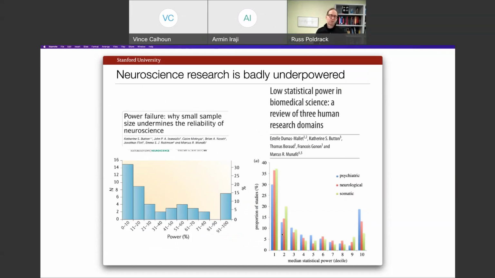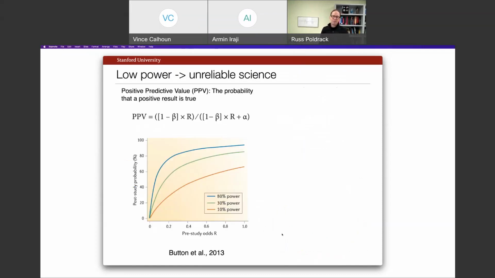A study with 10% power is basically a futile study, because even if there's a true effect, 9 times out of 10, you're not going to find it. And other work by Marcus Munafò and colleagues has shown that this is actually a much more general phenomenon across biomedical research.